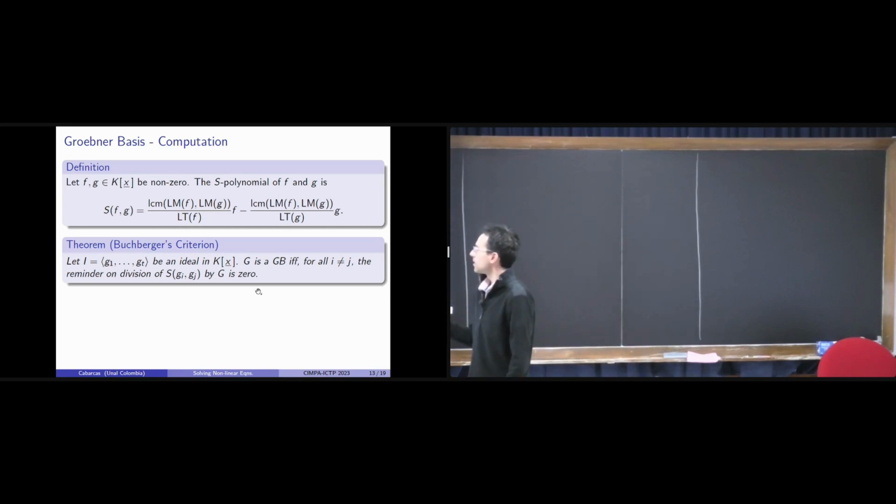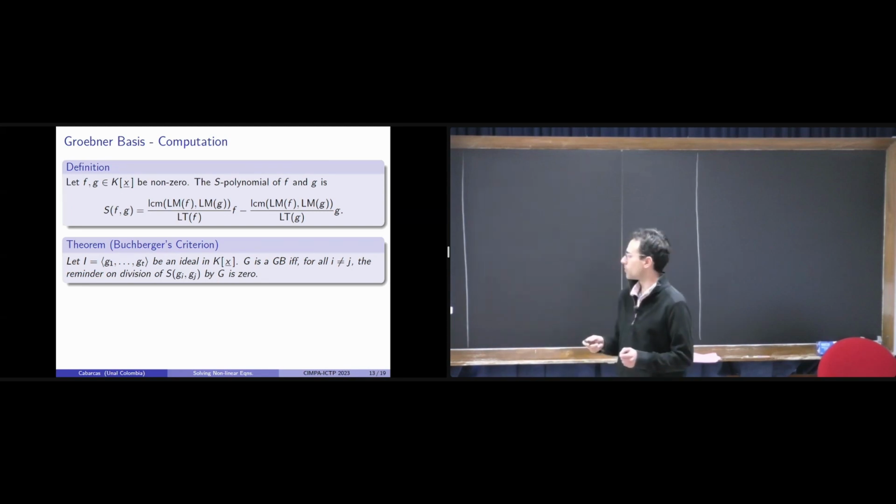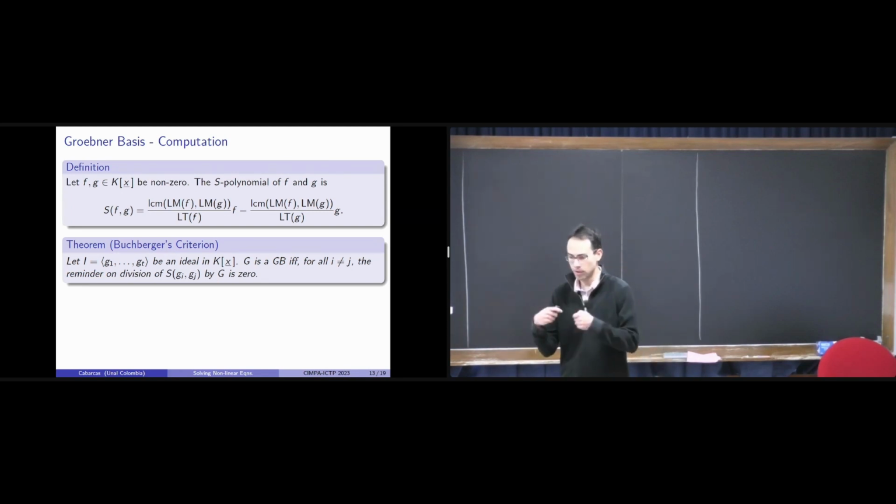And it says that if we have an ideal generated by polynomials G1 through GT, in a polynomial ring, then that set of polynomials G1 through GT is a Groebner basis if and only if, for every pair of indices, the remainder of division of the S polynomial by G is 0. So if and only if every S polynomial reduces to 0 modulo G.